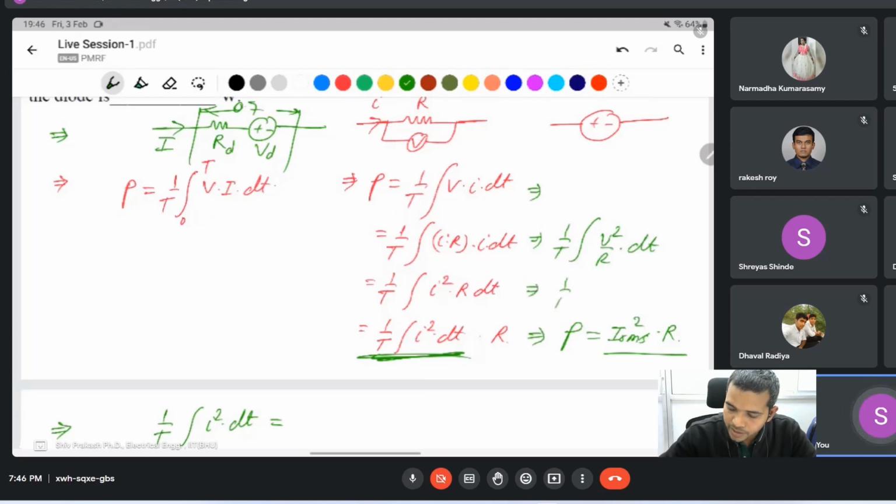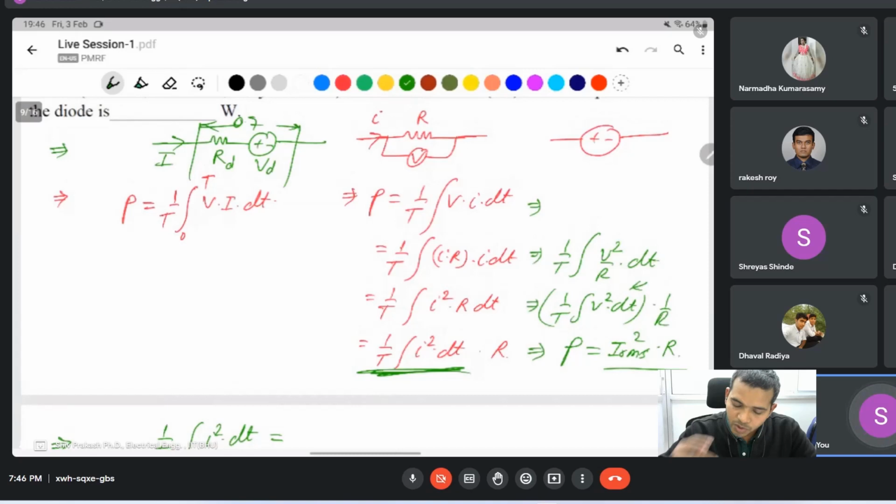Then 1 by t integration of V square into dt into 1 by R. This is the voltage RMS. It means if you apply a voltage or current across the resistance, you find the RMS value of current or voltage, and then you find the actual power loss of the resistance.